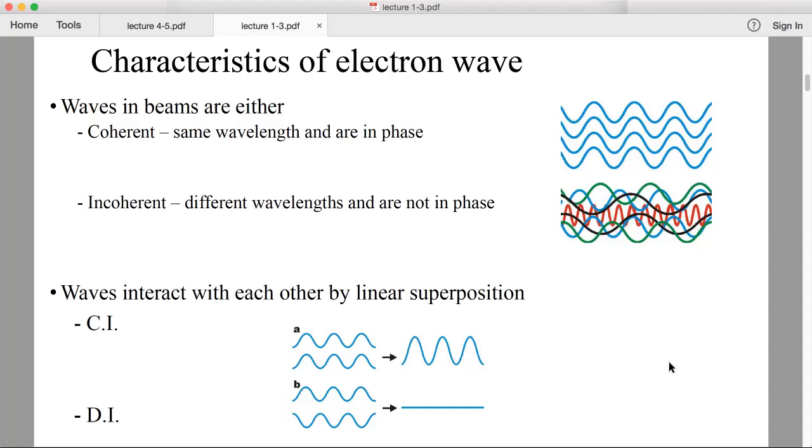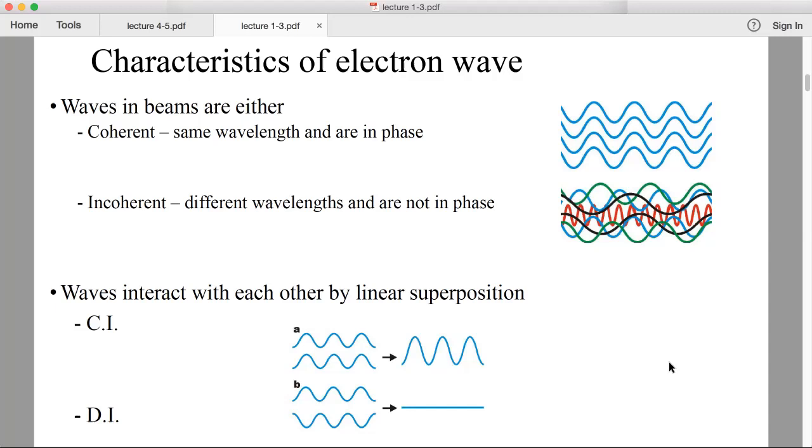Waves in the beams we can mainly categorize as coherent and incoherent. Coherent means they have the same wavelength and all these waves are in phase, nice and clear, like in a laser. But incoherent waves have different wavelengths and they are not in phase. So different wavelengths, different phases, all are jumbled inside this incoherent beam.